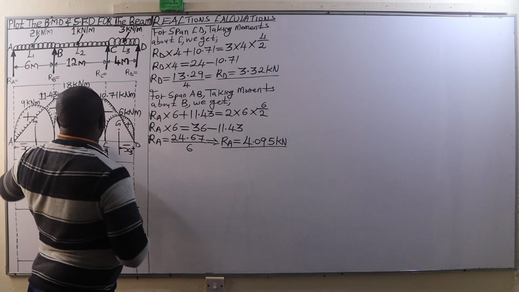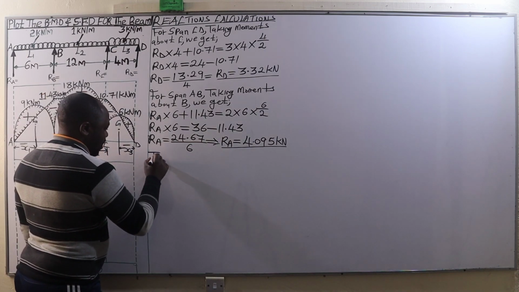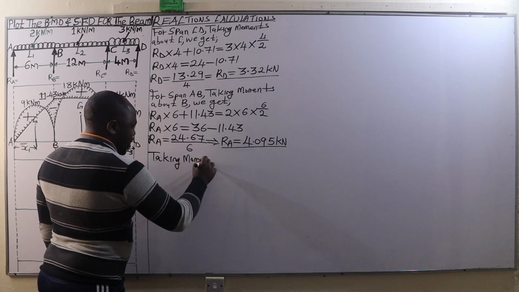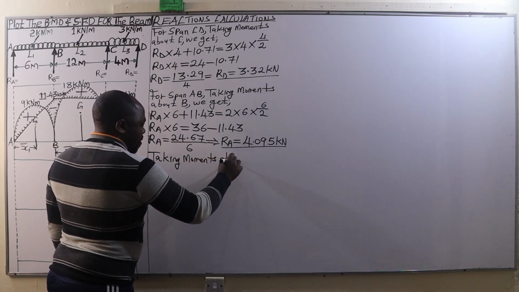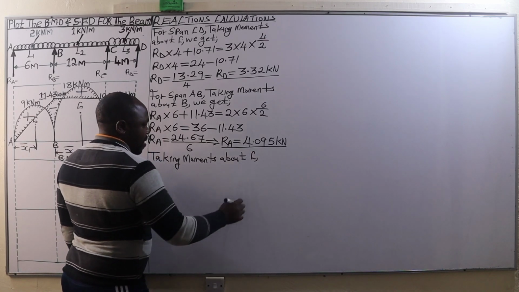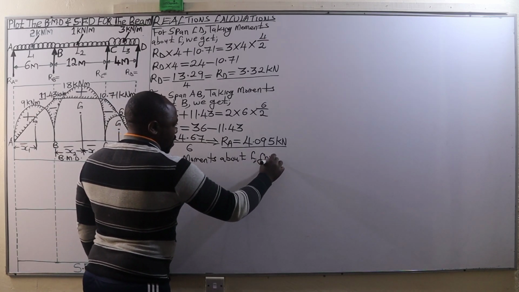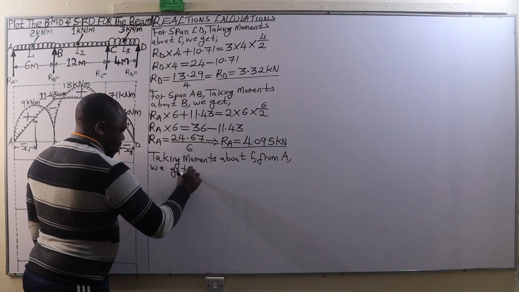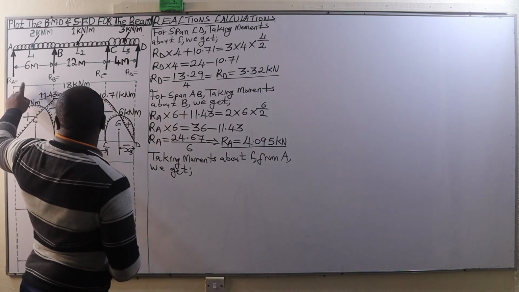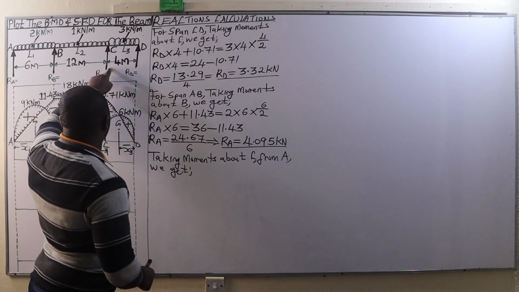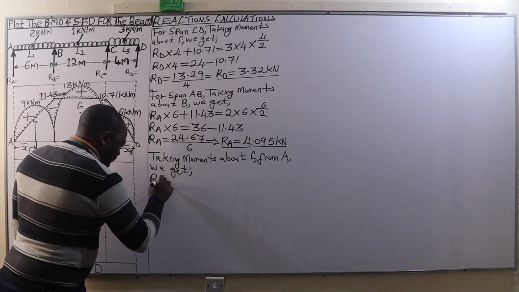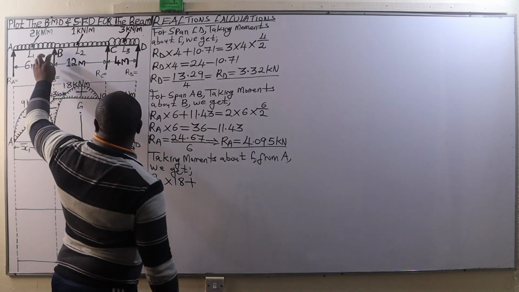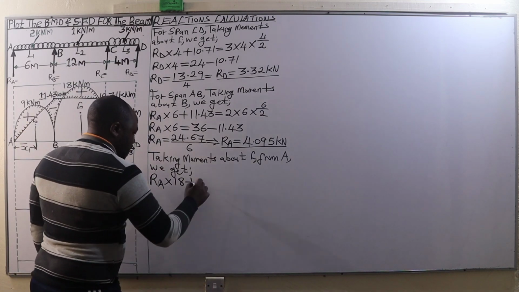To get the reaction at B, we are going to take moments about C, from A. So we are going to get the following: RA times the distance from A to C, which is 18 meters, therefore RA times 18 meters, plus RB times the distance from B to C, which is 12 meters.